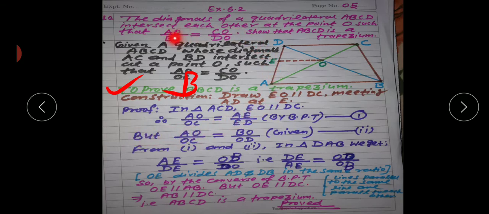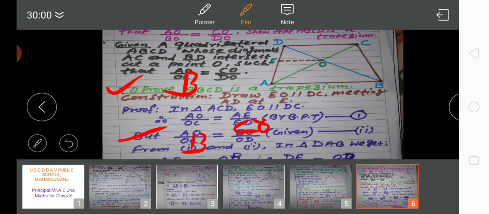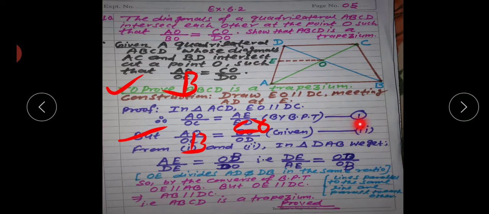But here also we have committed a mistake, this will be B. So AO upon OB is equal to CO upon DO, given in the question here. This will be your equation second.